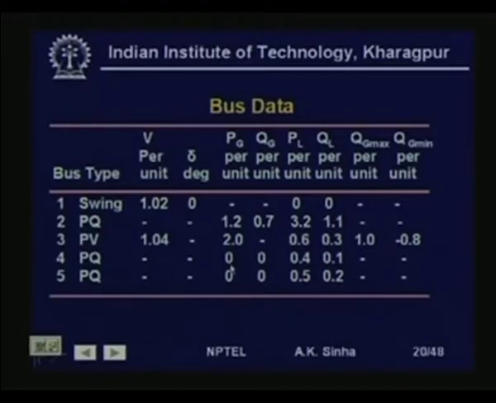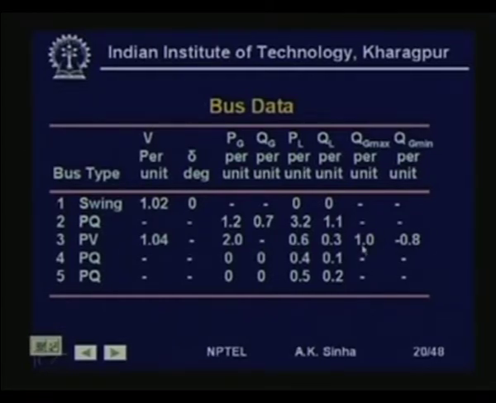The real power generation is provided at the generating buses, similarly the reactive power generation, real power loads and reactive power loads are also specified at various buses, and at the generating bus bars we also have the reactive power limits for the generators specified.